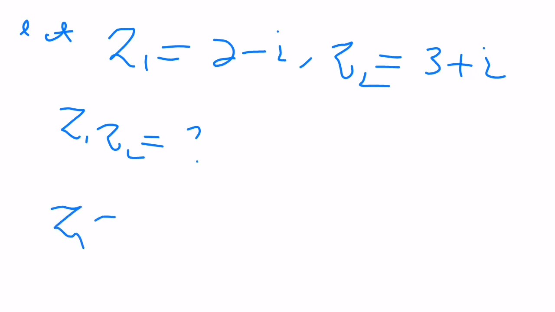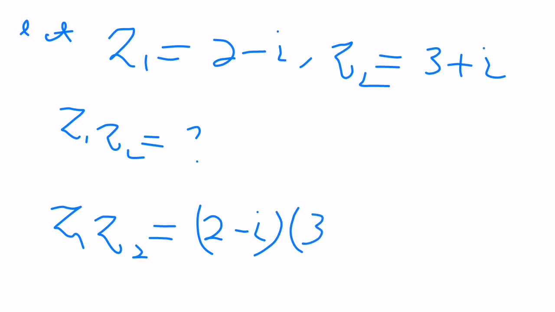z1 z2 is equal to (2 minus iota) into (3 plus iota).